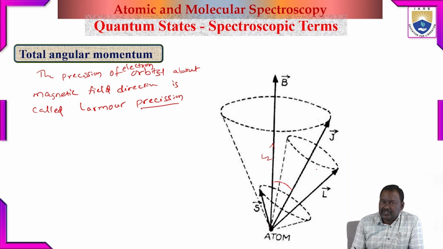Whenever we add orbital angular momentum and spin angular momentum, it gives the total angular momentum.